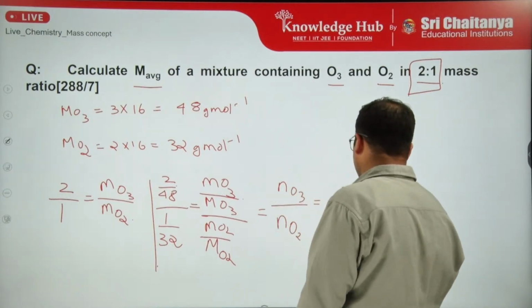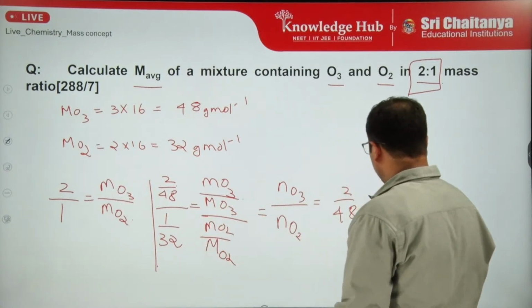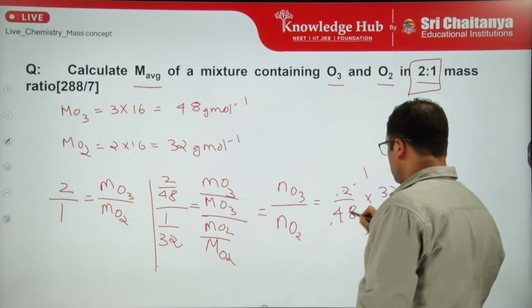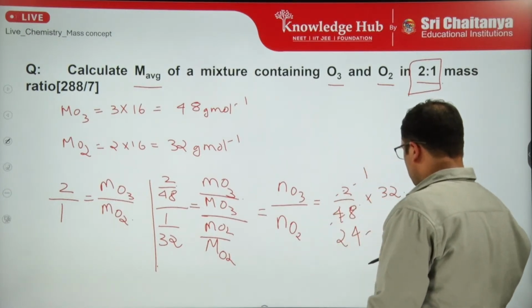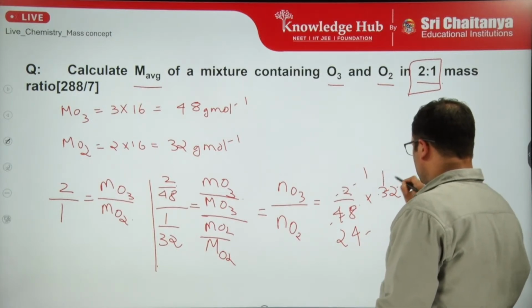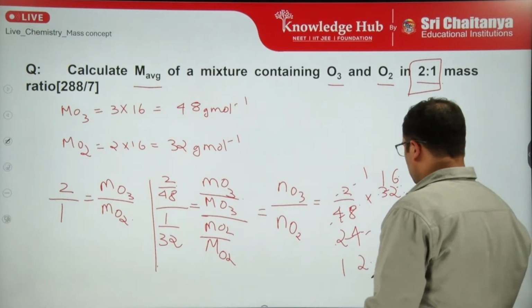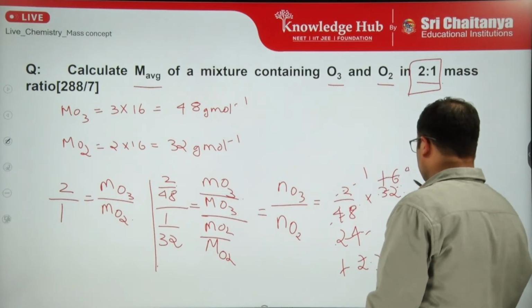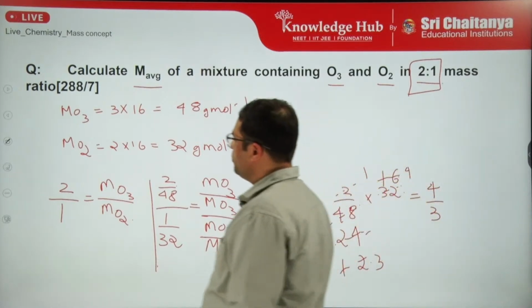So you have 2 by 48. The other one becomes reciprocal as it goes up, 32. So we get a ratio of 4:3, right?